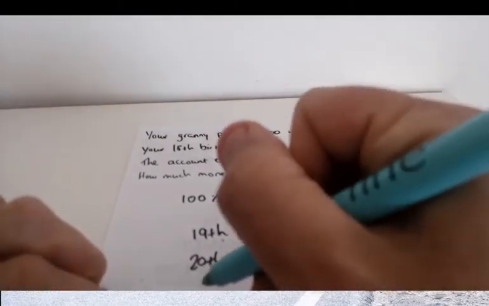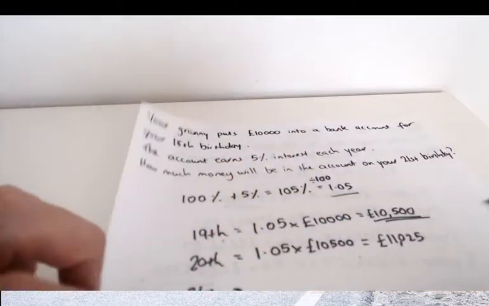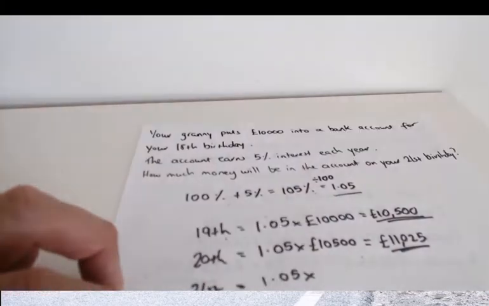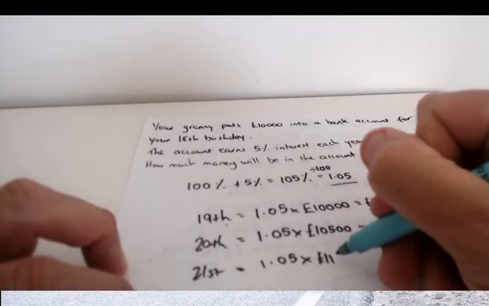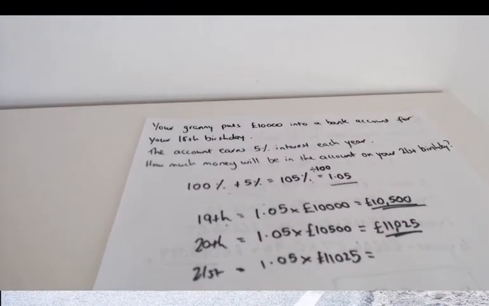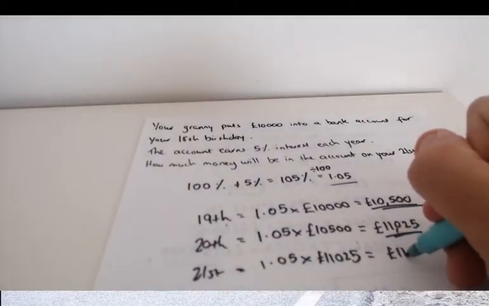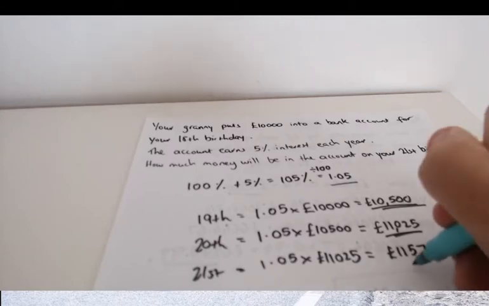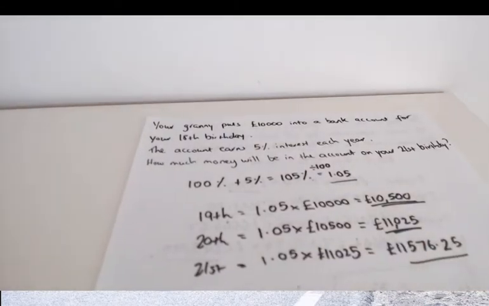And then on the 21st birthday, you take your 1.05 and again you multiply it by your last answer. And on your 21st birthday, you would have £11,576 and 25p, which would be the answer to the question.